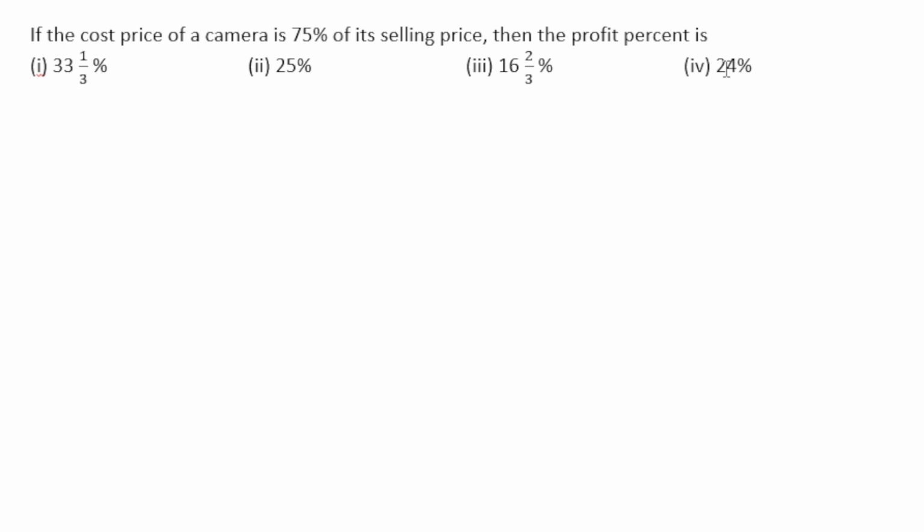Next one, if the cost price of a camera is 75% of its selling price, cost price is equal to 75 divided by 100 into selling price. If you simplify, you will get 25 into 3, 25 into 4. So cost price divided by selling price is equal to 3 by 4. We will take cost price as 3 and selling price as 4.